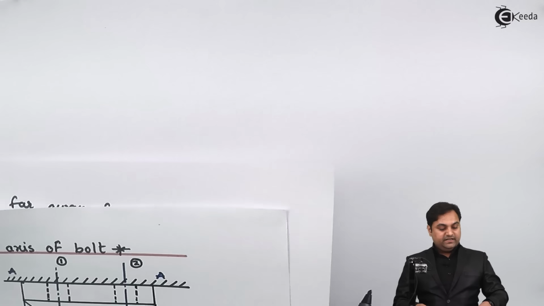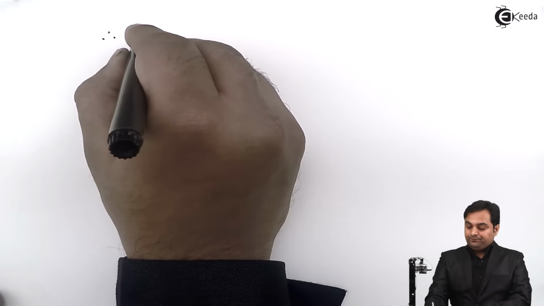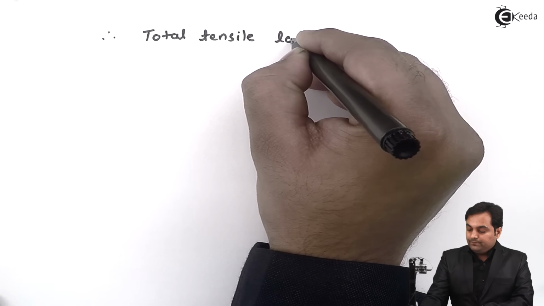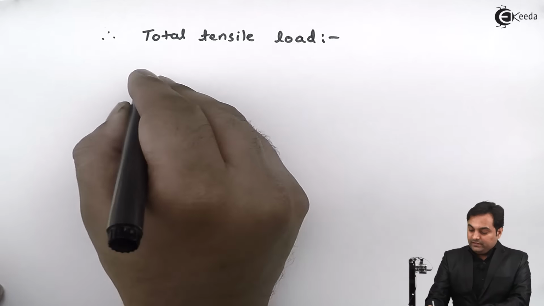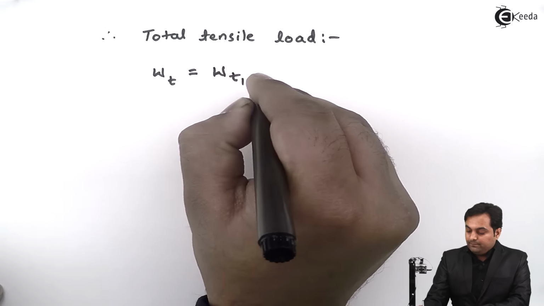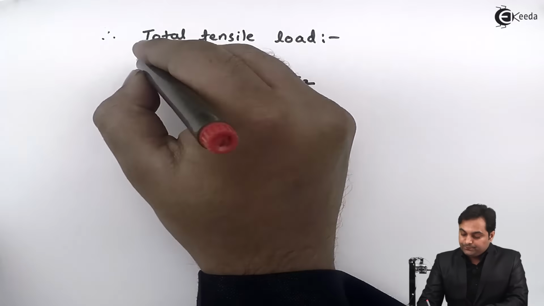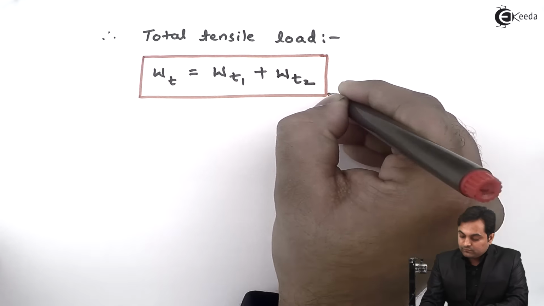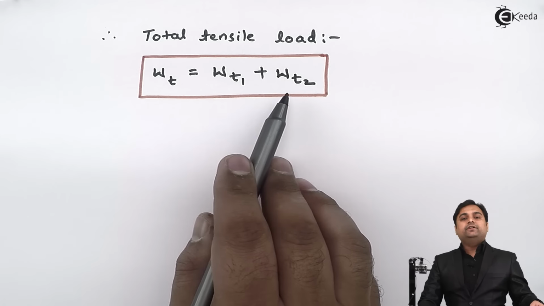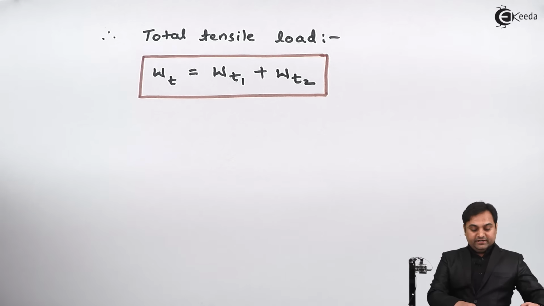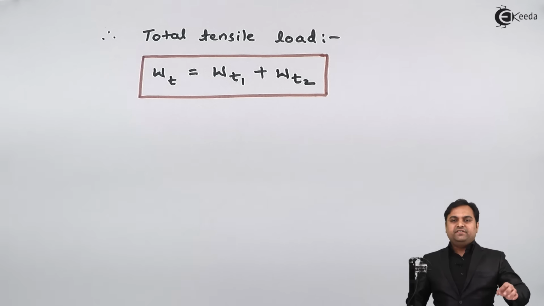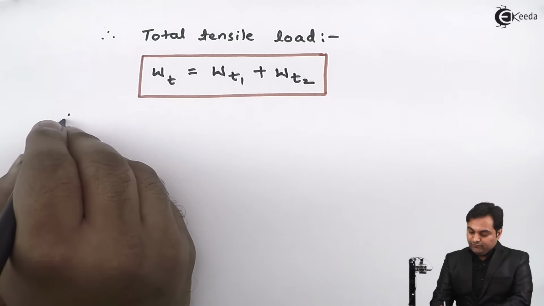So after this I'll say that therefore total tensile load, I'll denote it by W suffix T, and this will be equal to WT1 plus WT2. These values of WT1 we can get from equation number 1 and WT2 we can get from equation 5.